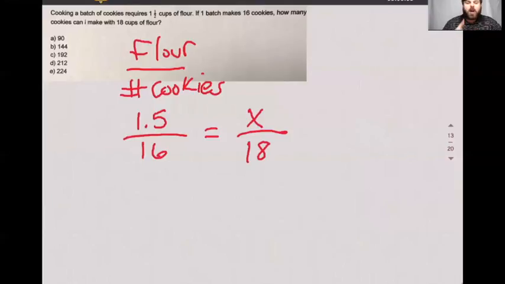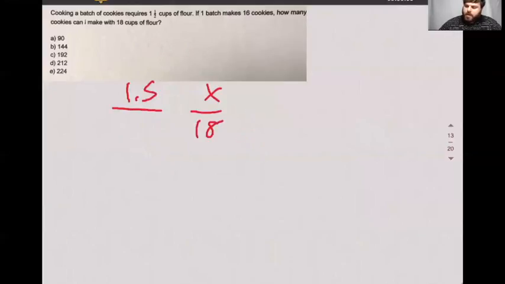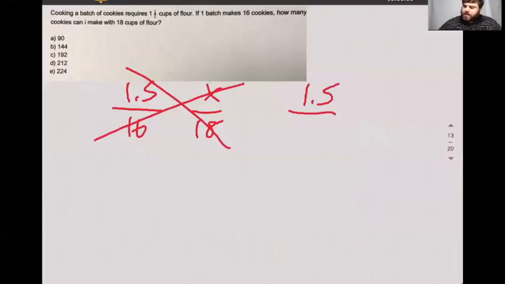So what did I do wrong here? I've got flour on top, cookies on bottom right here. But did I do that over here? I didn't. So instead of x over 18 like I had, I should have done 1.5 over 16. Flour over cookies equals flour over cookies.